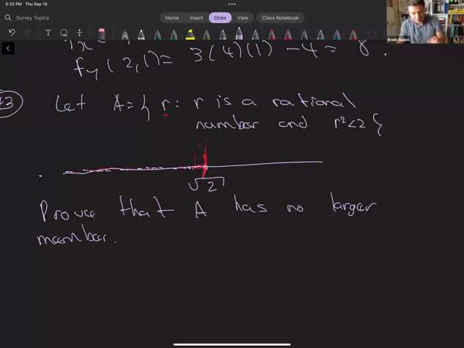So this is an exercise that sheds light on the definitions we were introducing last time, like the least upper bound and the greatest lower bound. And let me call them sup and inf, okay?